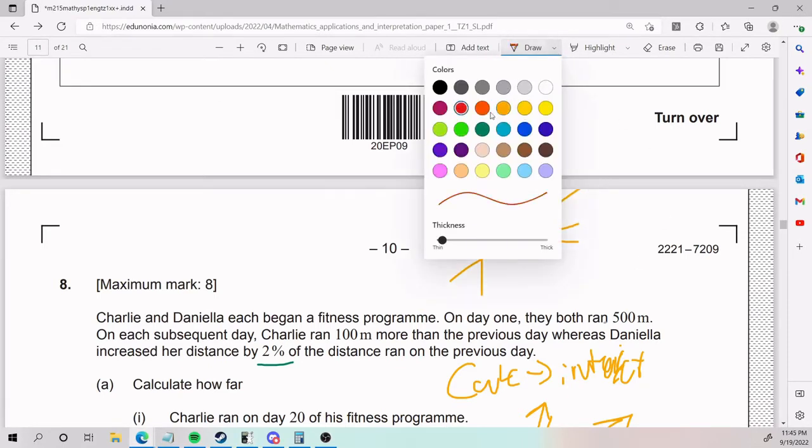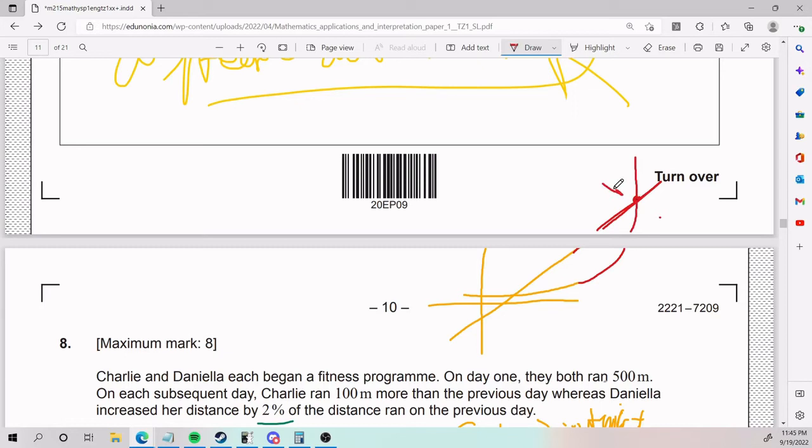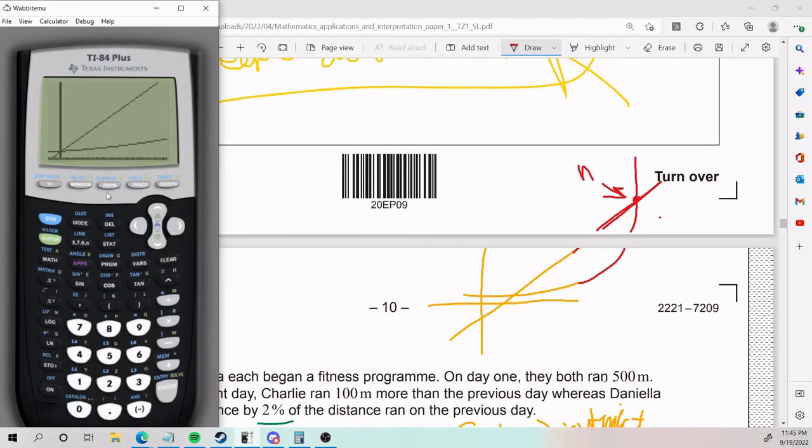What I want to reach, ¿cierto?, is a point where this guy keeps growing, and this guy intersects and becomes bigger, ¿cierto? And wherever it becomes bigger, that is the value of n I will be trying to find. See? And so I'm not quite there yet, and I need to keep playing around with my window and see what happens, ¿cierto? So it seems like my x has to be a whole lot bigger than what I expected.